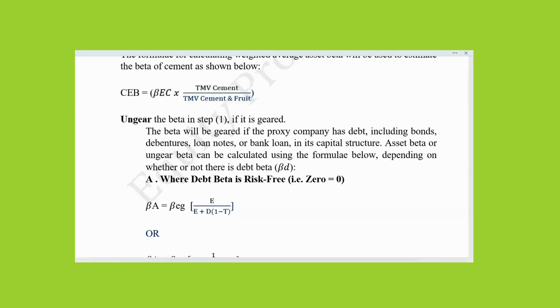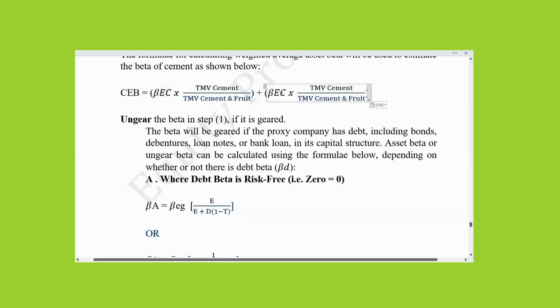Plus, you remember this formula now. So beta equity of fruits multiplied by total market value of equity and debt of fruits divided by total market value of equity and debts of cement and fruit drinks. So this is the weighted average asset beta formula, or combined asset beta formula.